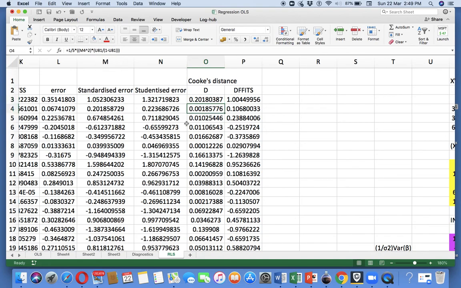And the DFFITS is also calculated as the studentized residual into square root of HII divided by 1 minus HII.